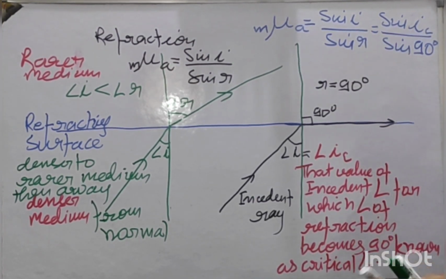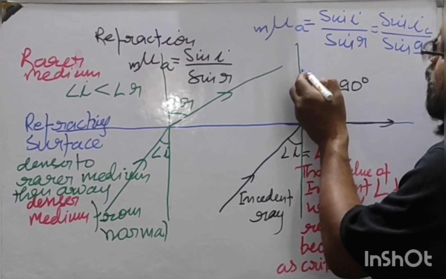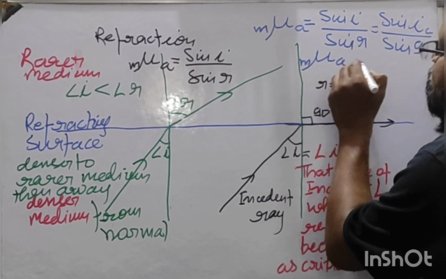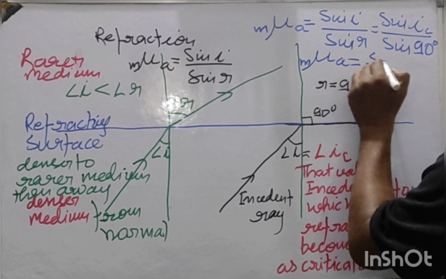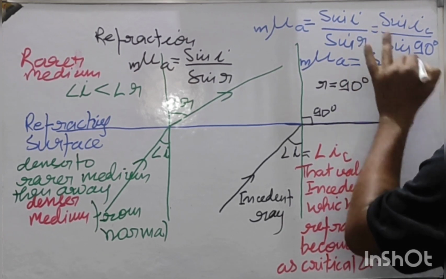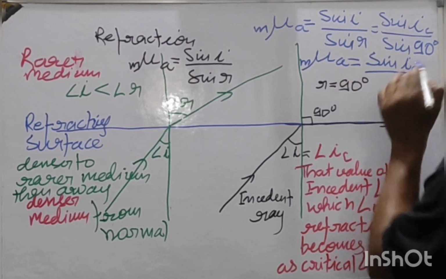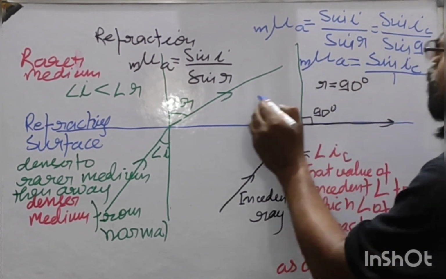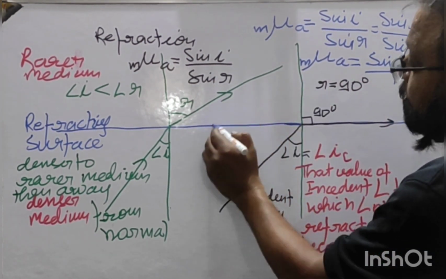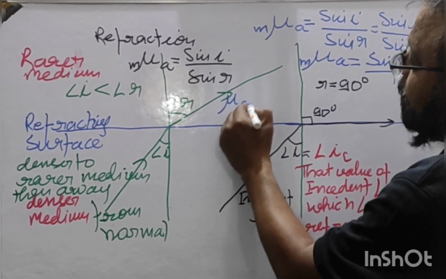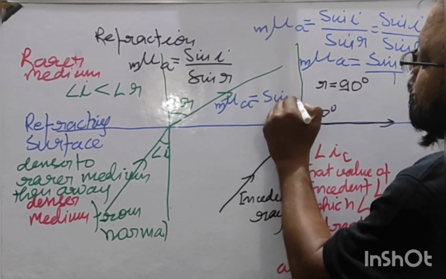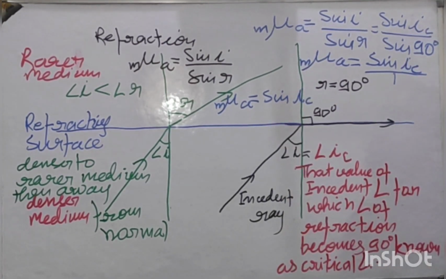What is the value of sin 90 degree? Sin 90 is 1. So refractive index of air with reference to medium is equal to sin IC. तो हो गया हमारा रिफ्रैक्टिव इंडेक्स ऑफ एयर विद रेफरेंस टू मीडियम इज इक्वल टू साइन आई सी, क्रिटिकल एंगल के बराबर.